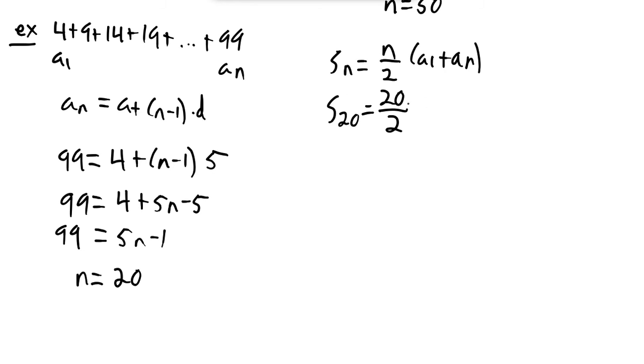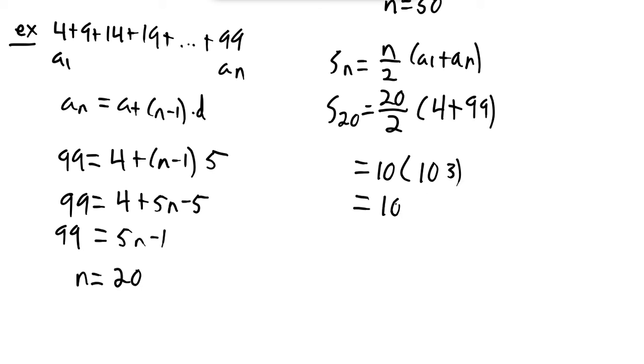So n is 20, our first term is 4, and our last term is 99. So this is the same thing as 10 times 103. So our total sum is 1,030.